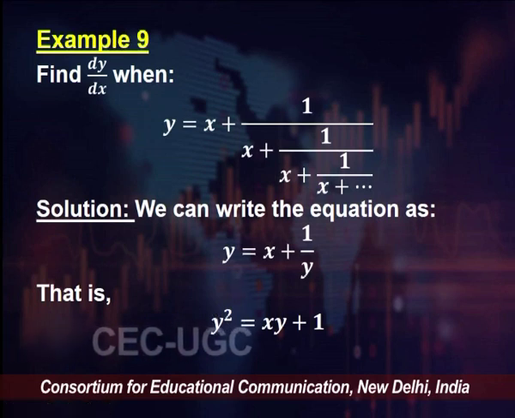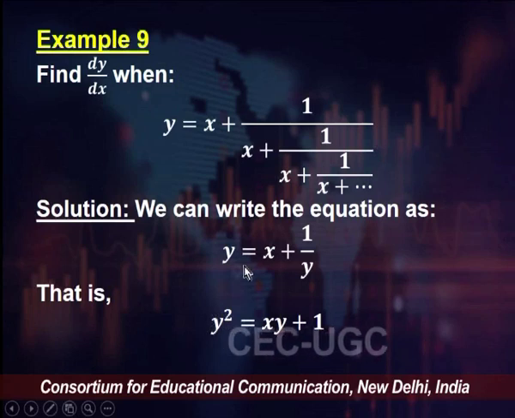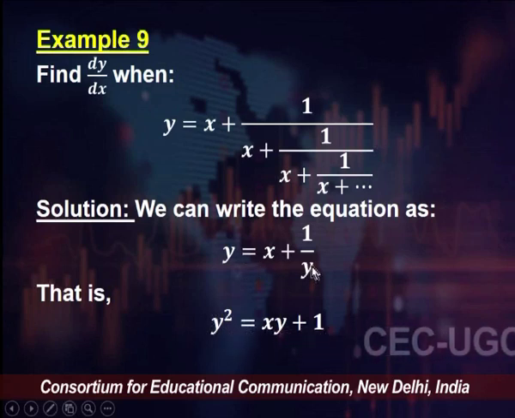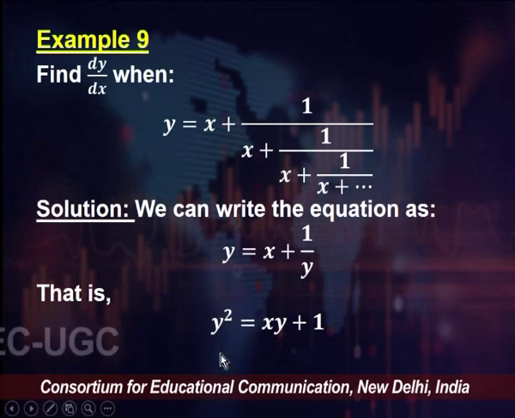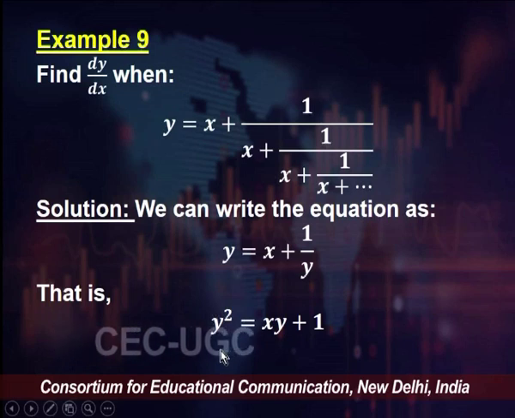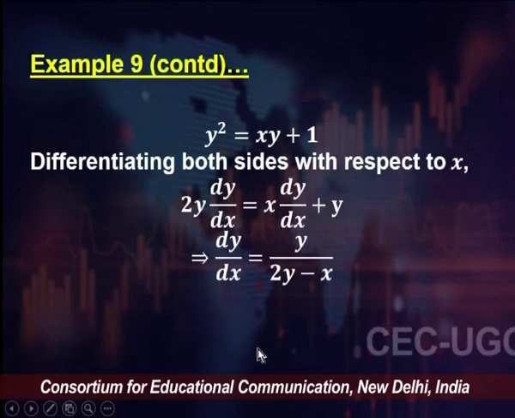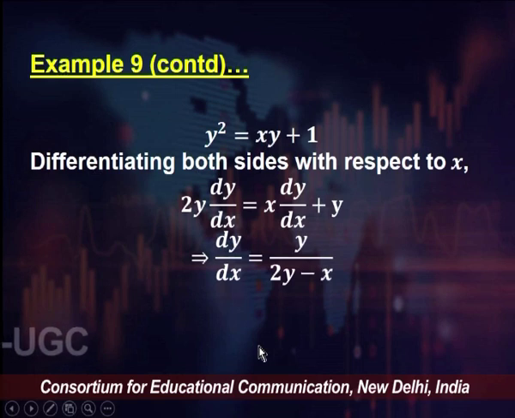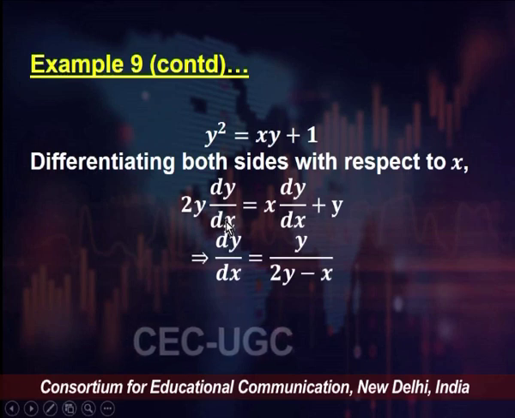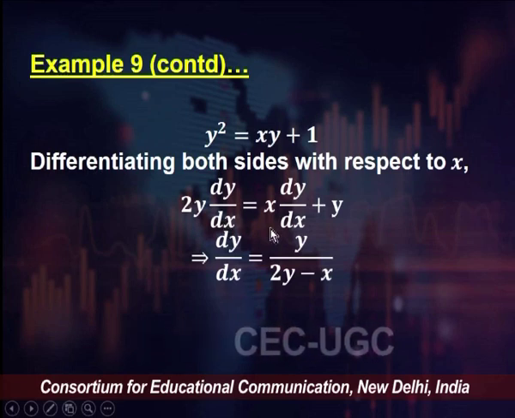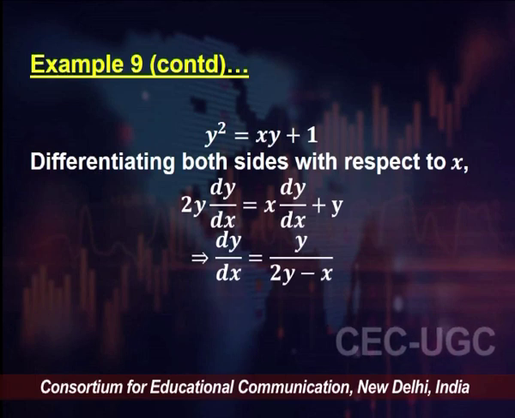And that makes things very simple, because once you write y as x plus 1 by y, you can take the LCM, and now you have the equation y squared equal to x times y plus 1. When you differentiate both sides with respect to x, you get 2 times y times dy by dx on the left hand side, and on the right you have x times dy by dx plus y by the product rule.